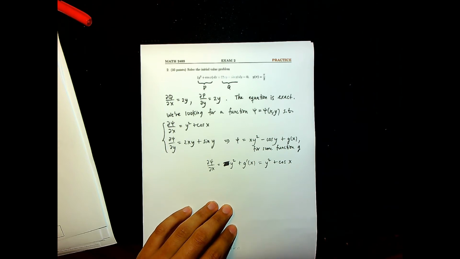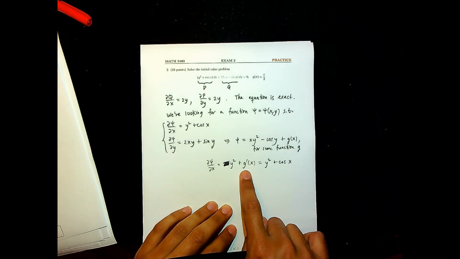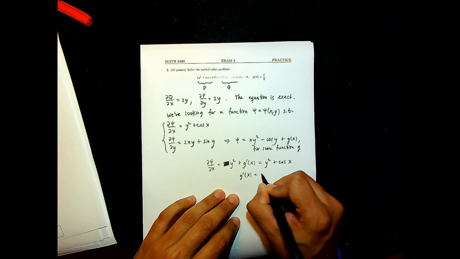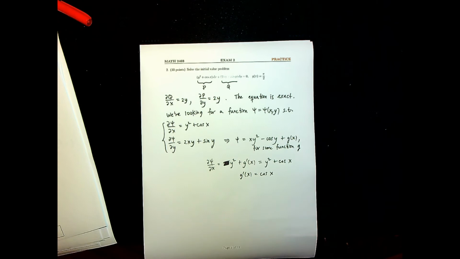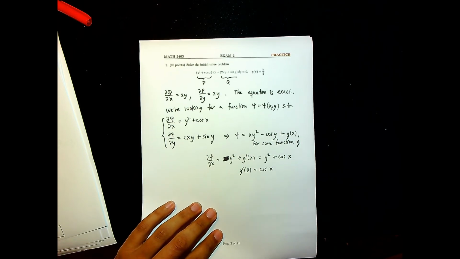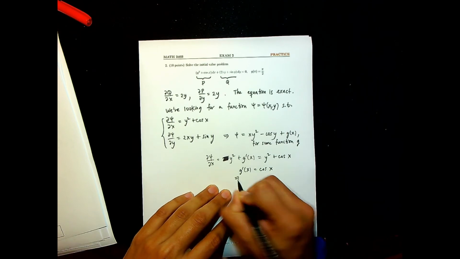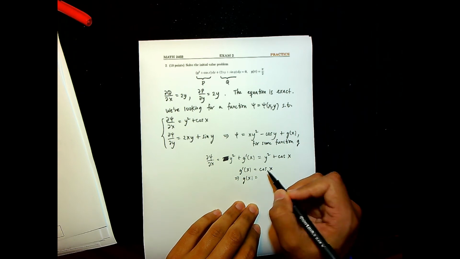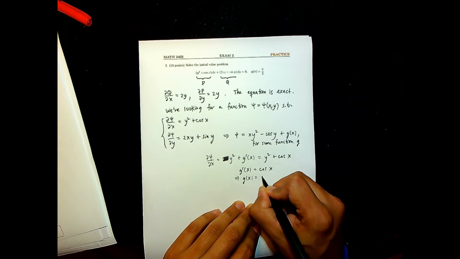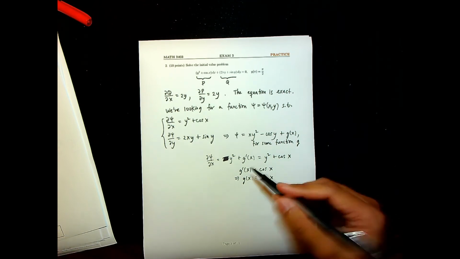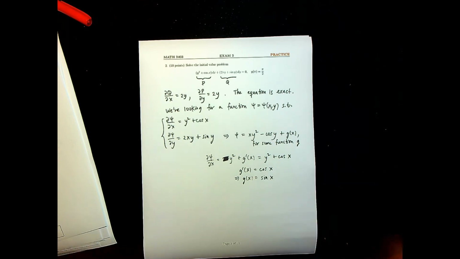Right? And now if you compare, you see that that means that g prime of x has to be cosine of x. So g prime of x has to be cosine of x. And now integrating, that means that g of x, if the derivative of g is cosine of x, that means that g must have been sine of x. And remember that even though we're integrating here, we don't put the plus C because we're just looking for one function g.